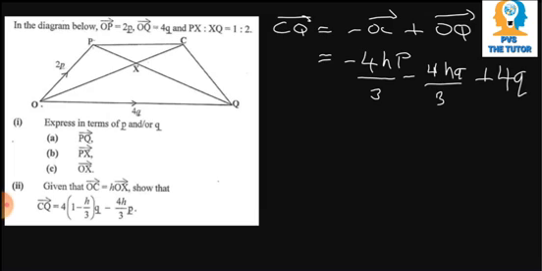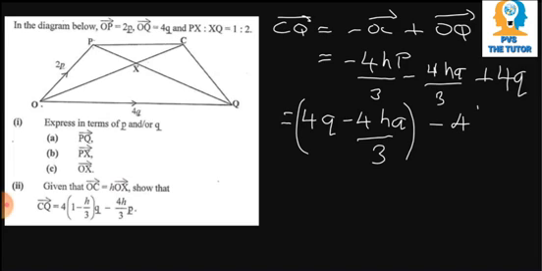So we can now simplify. Let's collect what has got Q in it, we put it together. So we are having 4Q minus 4HQ over 3. You can group them, minus 4HP over 3. Now when you look at what has been given here, where we need to prove, you see that what you have here is what we have here.